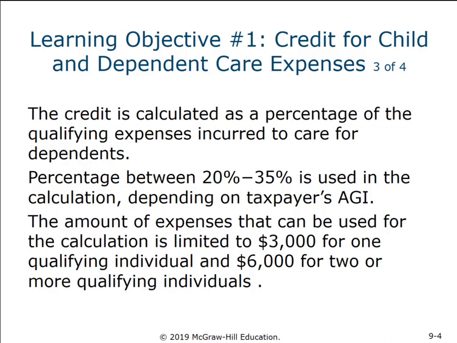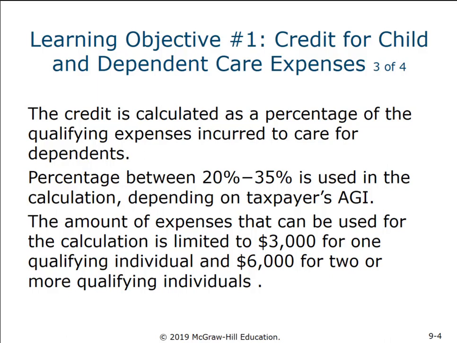If it's a single person, this is just their earned income. The amount they spent on child care, daycare, whatever you call it, and you see the limit there, $3,000 if you have one kid or one dependent, or $6,000 if it's two, and it doesn't go up to three or anything. It's just two or more.